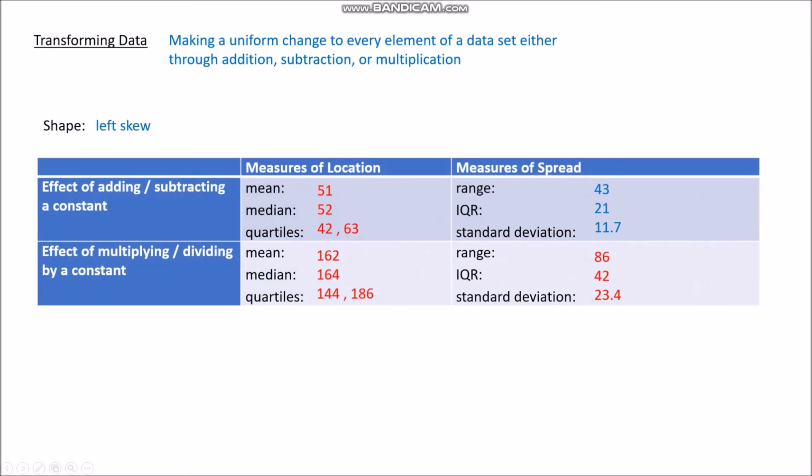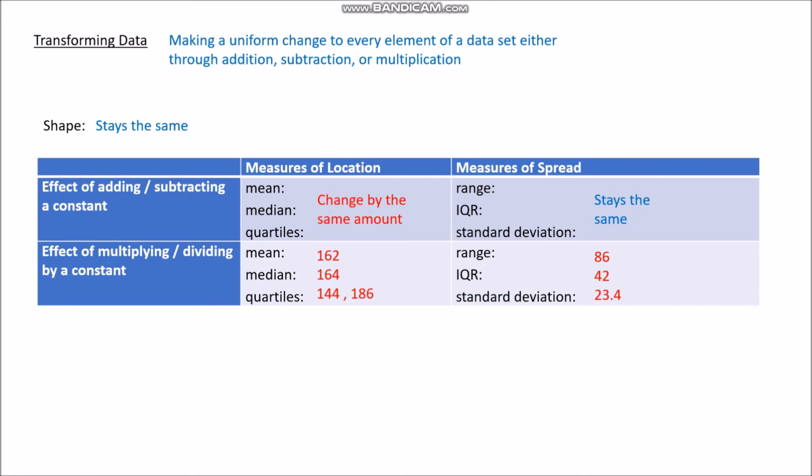So let's see if we can create some general rules. Well, we noticed that the shape, no matter what we did to it, stayed the same. It was left skew every time. Well, we can see when we added and subtracted, the measures of location changed by 30 when we subtracted 30. But the spread didn't change at all. It stayed the exact same spread because we just took the values and moved all of them back 30.